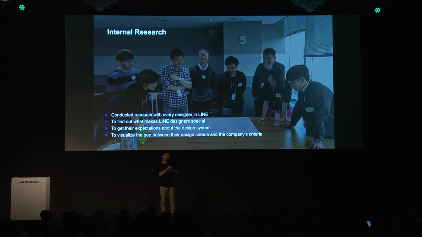They might have some different perspectives as well. And most importantly, we wanted to know whether there is any difference between their expectations, something like criteria about their daily jobs, and the company's, the leadership's criteria.